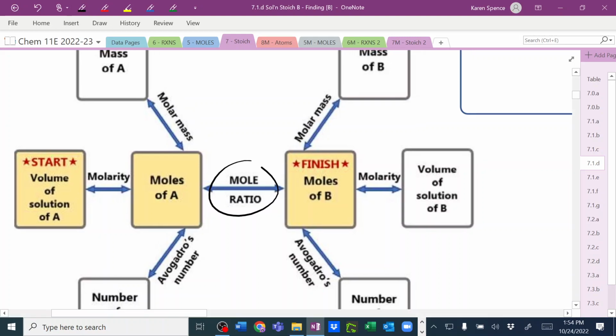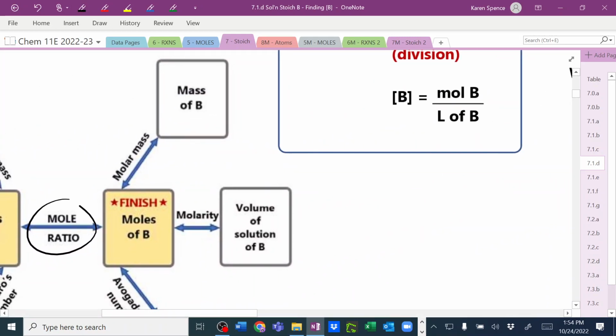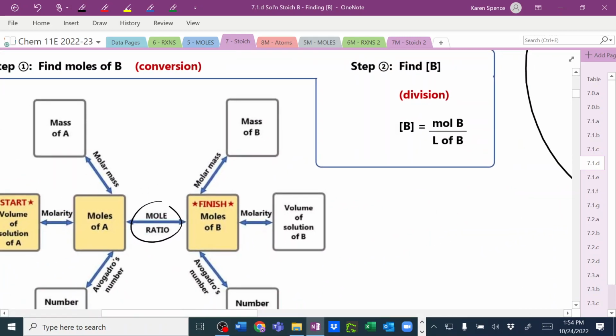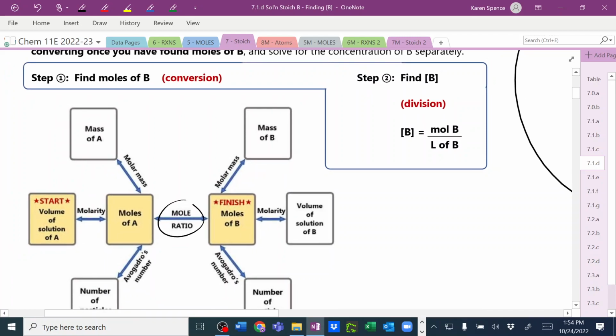But in this case, we're not finding the volume of solution B. We are going to find the concentration of B. And what we know is its moles. So to find concentration, remember, we take the moles and we divide by the liters. So the liters must be given in the question.